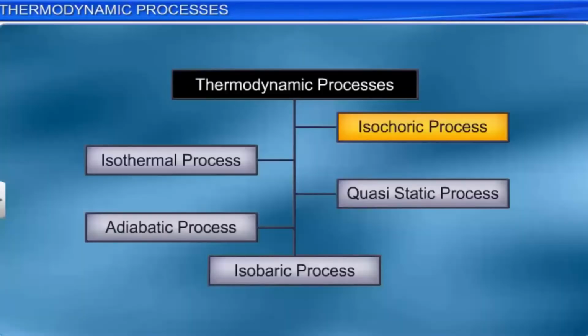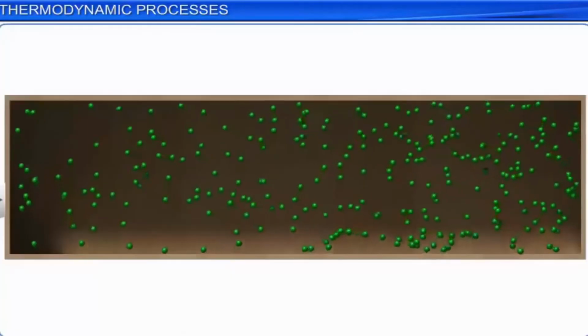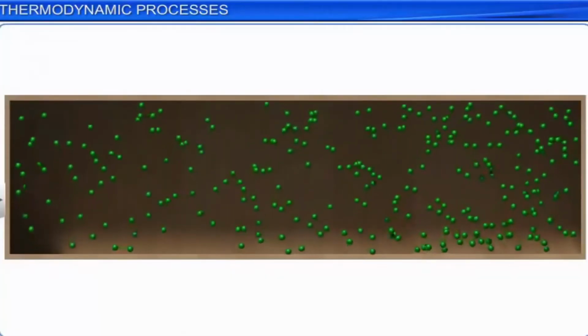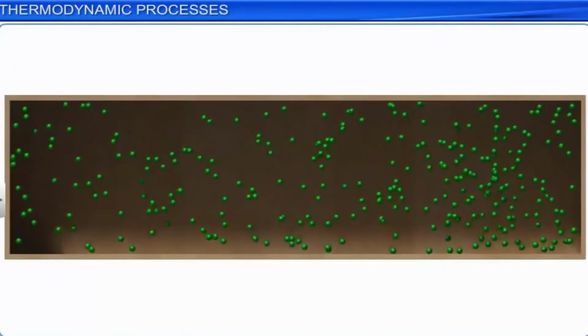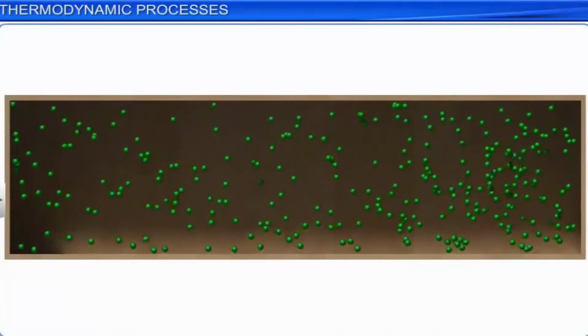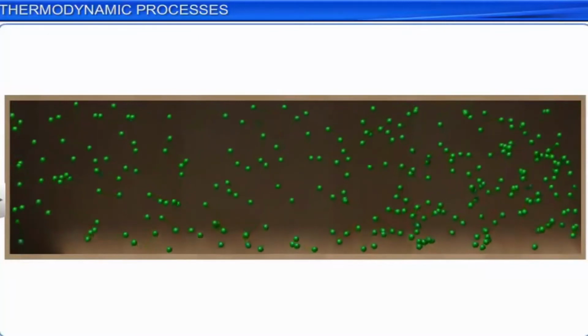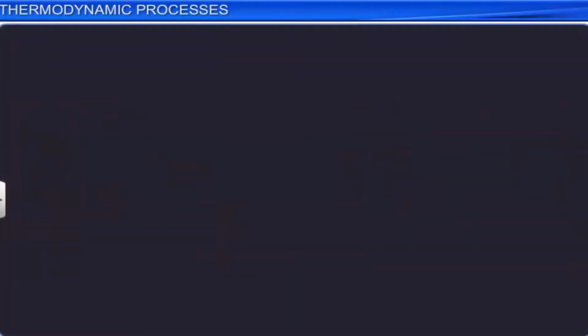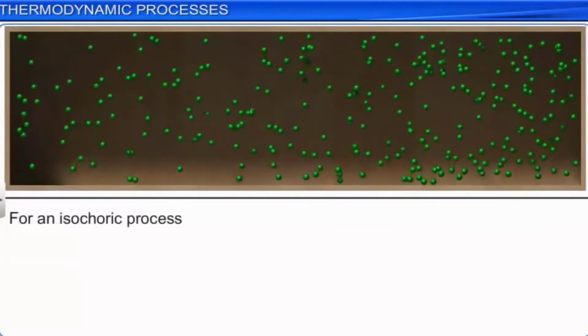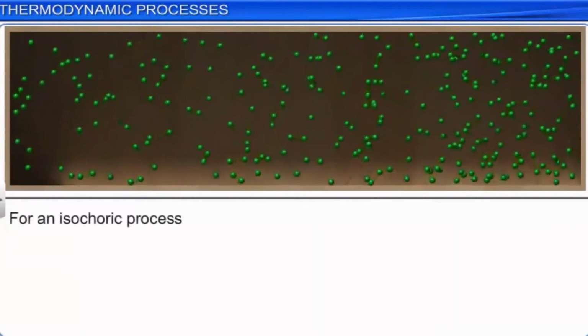Another important thermodynamic process is an isochoric process. In an isochoric process, the volume of the system remains constant. Heating a gas in a box of fixed volume is an example of an isochoric process. For an isochoric process, delta V is equal to 0.